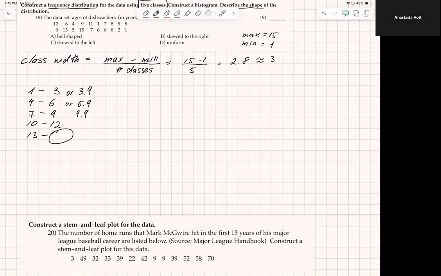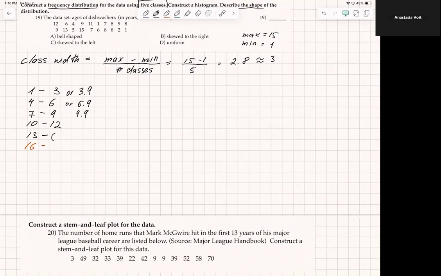And then to calculate this one, we can find the lower limit of the sixth class that we're not going to be using, but just as a placeholder. So 13 plus 3, that's going to be 16. So 16 could have been a lower limit for the sixth class if we were asked to construct six classes.